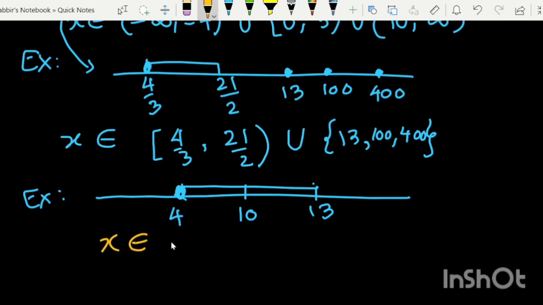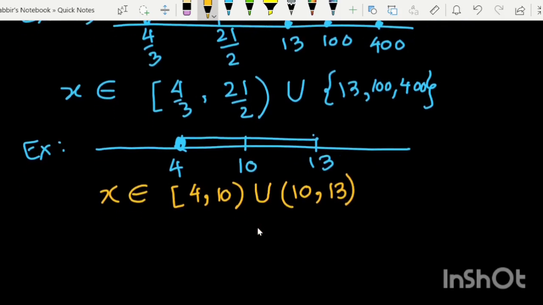First we can write it like this: 4 to 10. As you can see, 10 is not included here. This means there is a break at 10. So we will take a break at 10 and use a round bracket. Then again we will start from 10, starting with a round bracket till 13, again a round bracket, open interval, since 13 is not included. Now we will connect it by U.